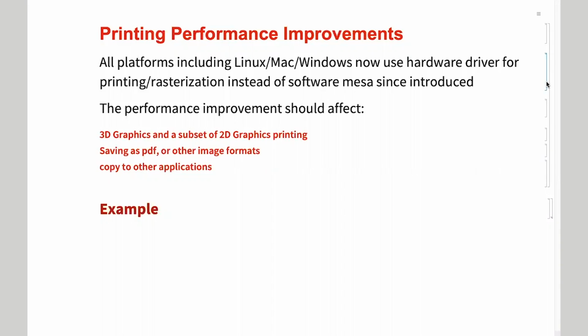In 12.2, we figured that out, so we are now using a hardware driver for printing. This should affect all 3D graphics and a subset of 2D graphics printing, saving as PDF or other image formats, or copying to other applications like Mail or Paint.